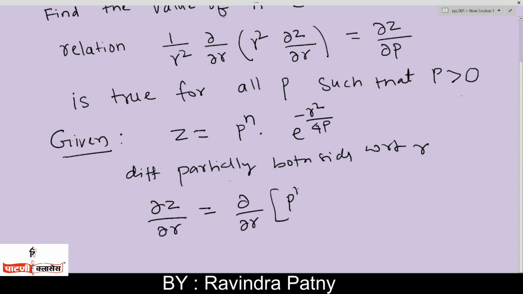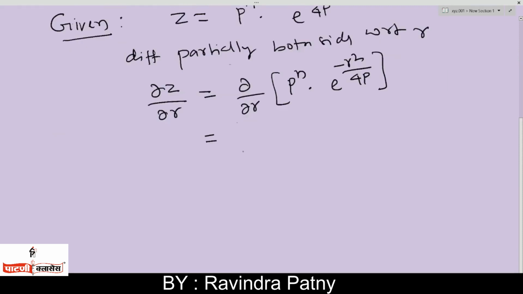∂/∂r of p raised to n e raised to minus r square upon 4p. Taking p raised to n outside, ∂/∂r of e raised to minus r square upon 4p.